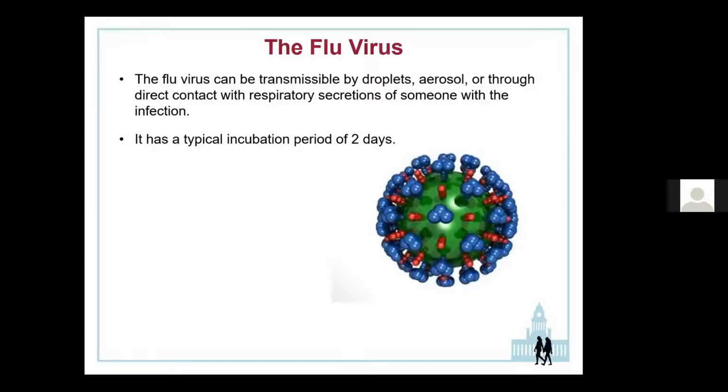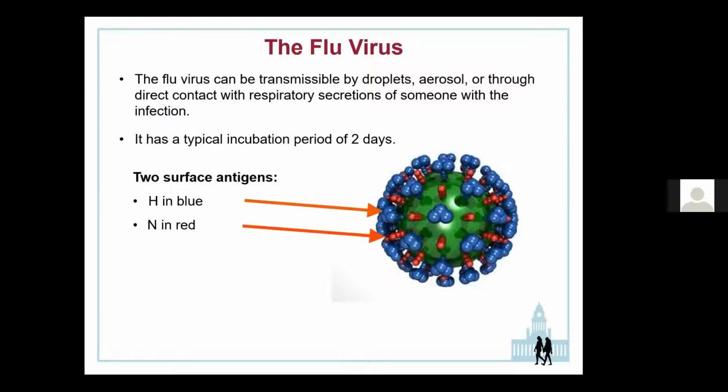There is a diagram on the slide which illustrates the two surface antigens that make up flu virus A. These are antigen H, which is illustrated in blue, and antigen N is the one in red. These antigens are little protein spikes on the flu's surface that help to invade cells and spread throughout the body.